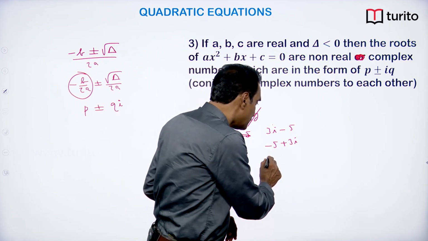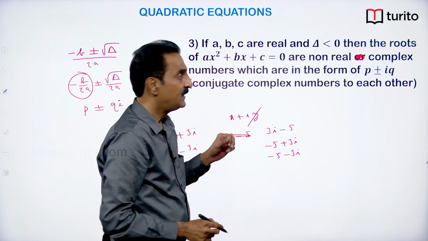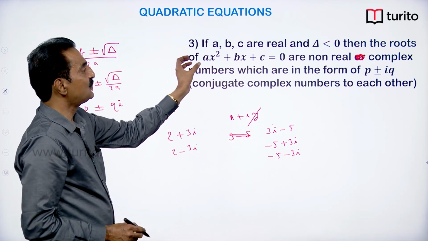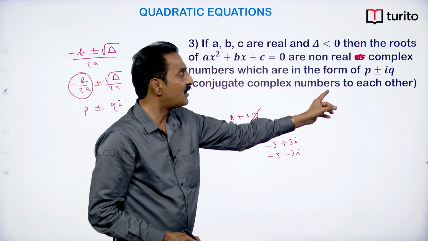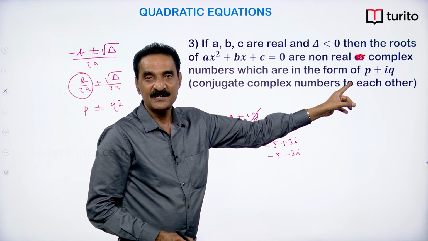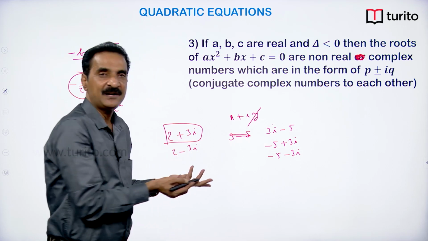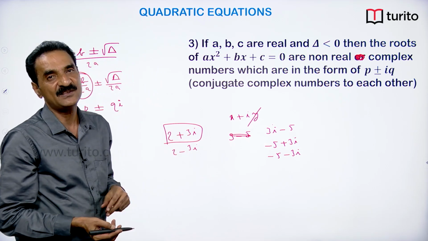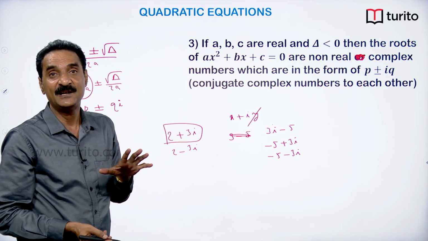The conjugate will be minus 5 minus 3i. Okay. So, whenever the roots are complex, non-real complex numbers, they will be conjugate complex numbers to each other. They must be in the form of p plus or minus iq. That means, if you know one root as 2 plus 3i, you can take directly the other root as 2 minus 3i. But the condition is when the coefficients are real only.